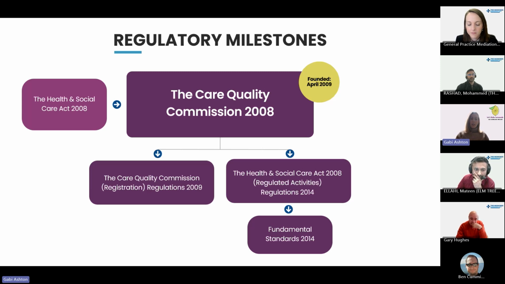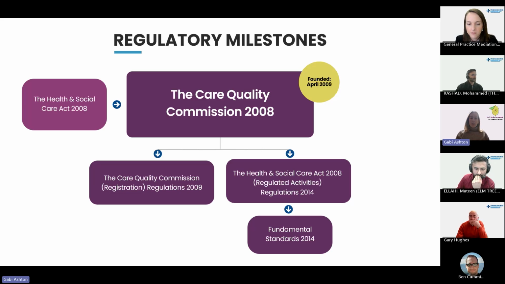And then we have the Health and Social Care Act 2008 Regulations 2014. The original Health and Social Care Act from 2008 was updated in 2014 to include something known as the fundamental standards, which hopefully people have heard of, and if not, don't worry, that's what we'll be going through over this series.